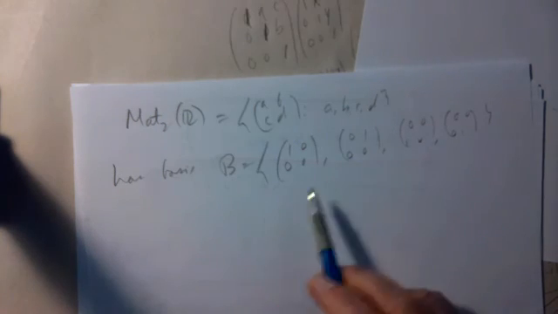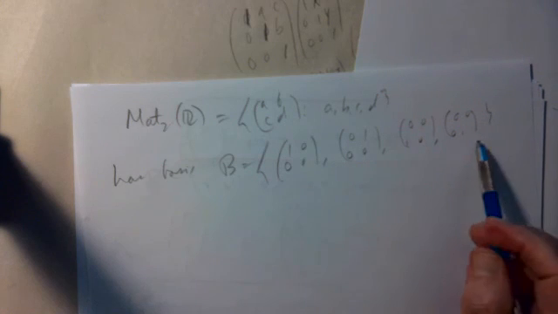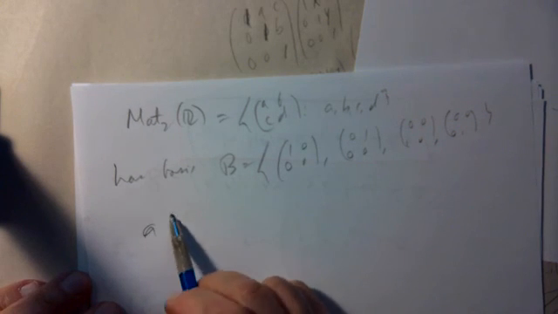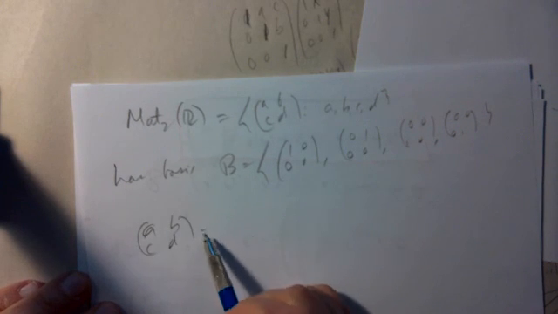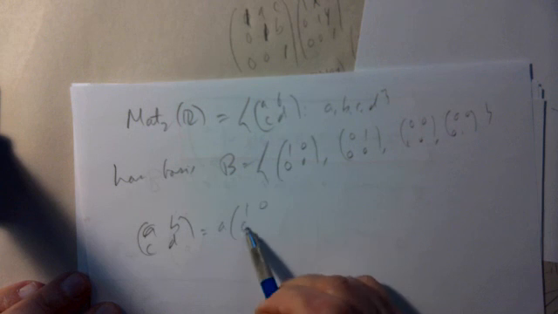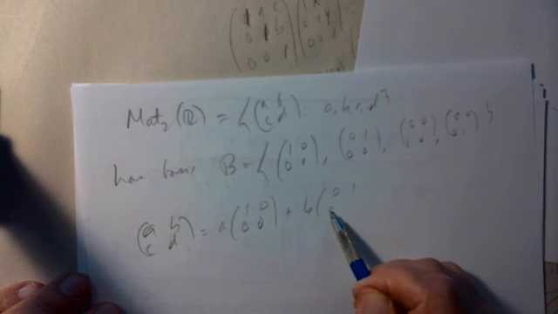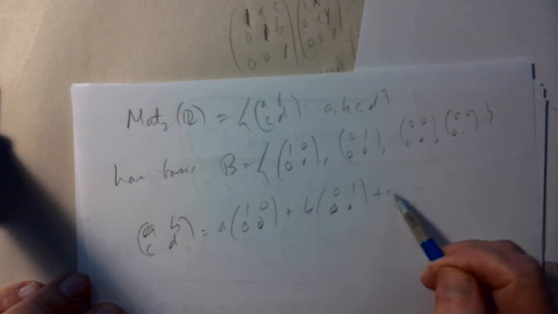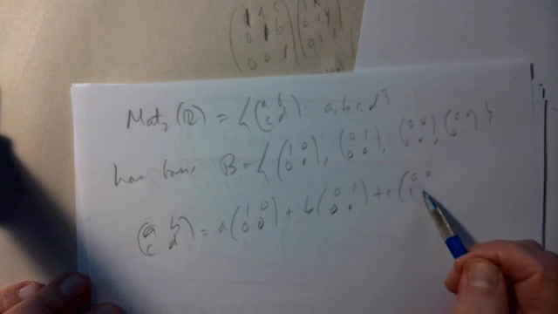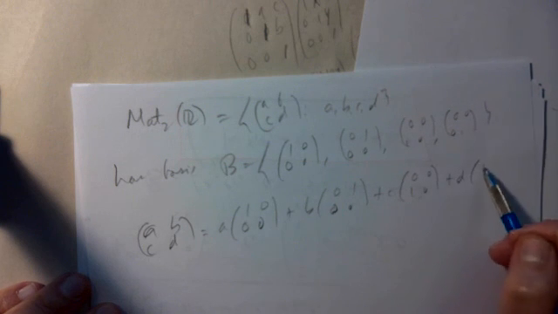And every matrix is a linear combination of these. (a, b, c, d) is a times (1, 0, 0, 0), plus b times (0, 1, 0, 0), plus c times (0, 0, 1, 0), plus d times (0, 0, 0, 1).